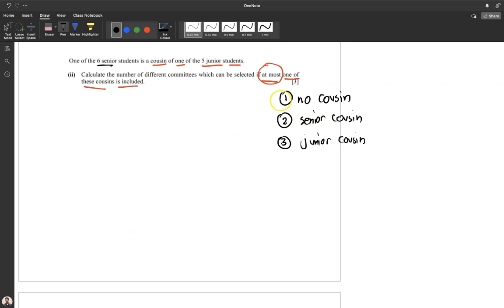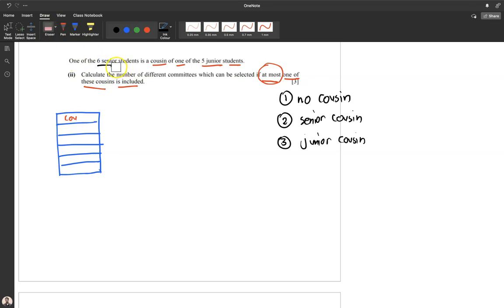Then we need to do a calculation. But before I do the calculation, I just want to draw a very simple table so that you can roughly visualize what's happening here. We have 6 senior students, 1, 2, 3, 4, 5, 6. Imagine this is the cousin.